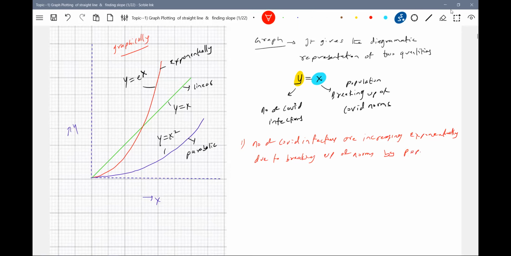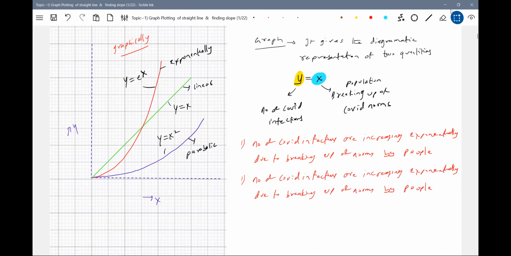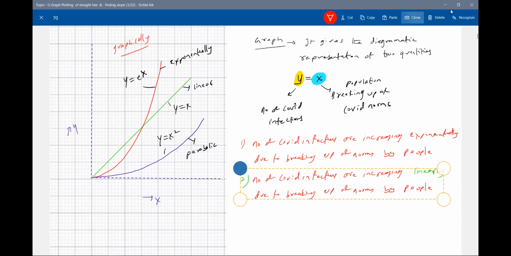I'll write it. This is the first. What about the green color one? For the green color one, the literal language we use is linearly increasing. Similarly, the other curve, parabolically.